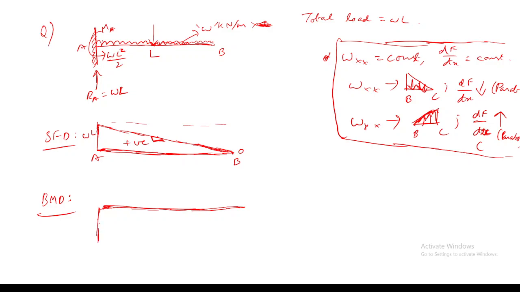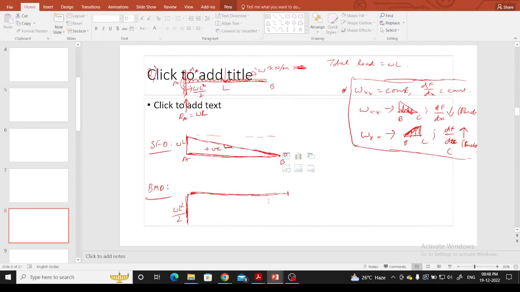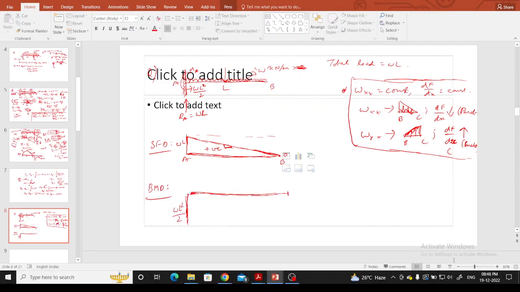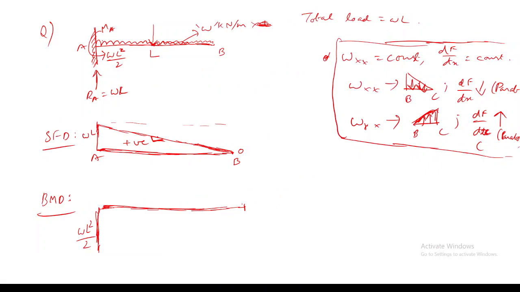Yes, and its magnitude is wL square by 2. And what will be the bending moment at point B? 0. Yes, bending moment at point B is 0.